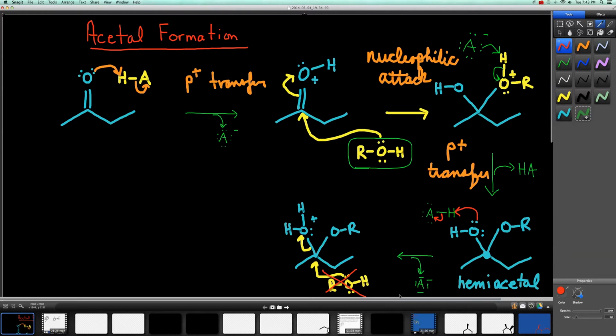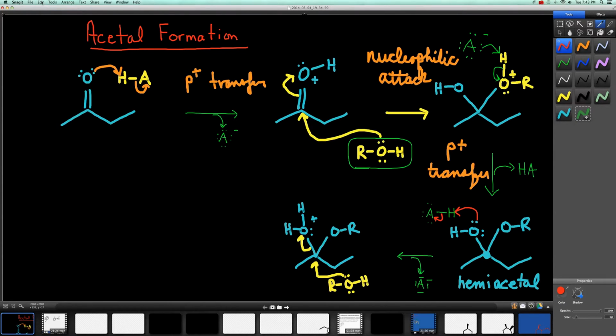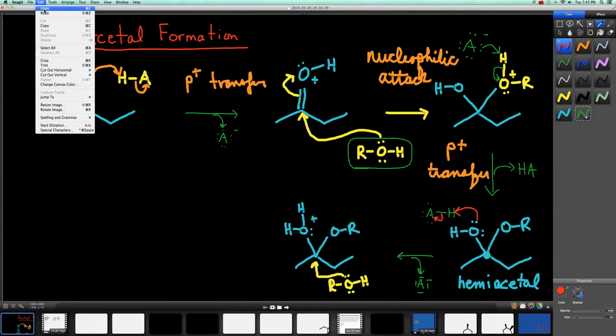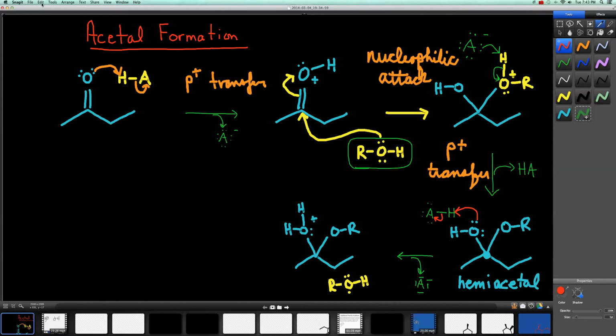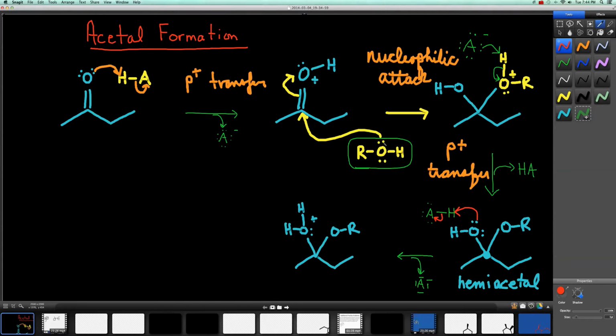Even though we know eventually we're going to have a second nucleophilic attack, what really happens is we have an intramolecular expulsion of the water molecule. Something that's a little bit different. So what instead happens is that we will form a carbon-oxygen double bond.